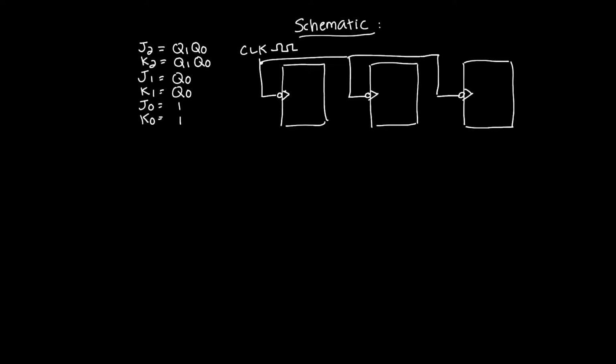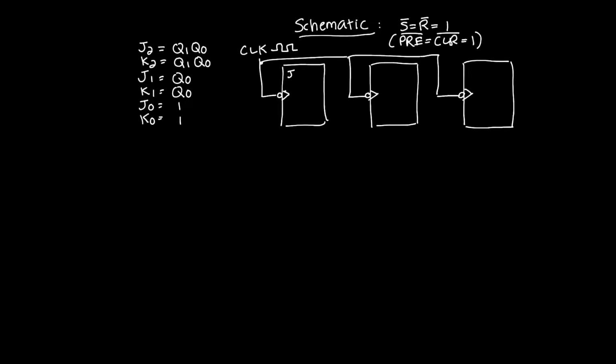And I have not shown them, but S bar is equal to R bar is equal to 1. These are sometimes called pre and clear, but they're almost always active low, and we want them inactive, so we're wiring them high.